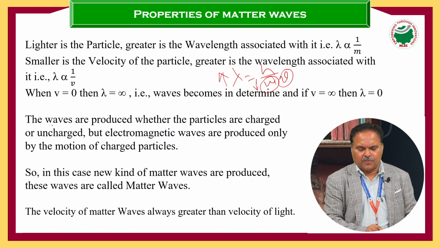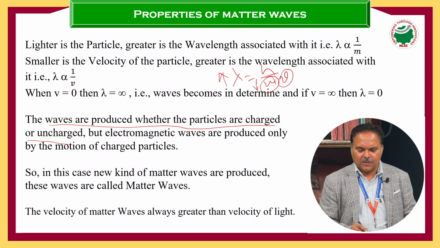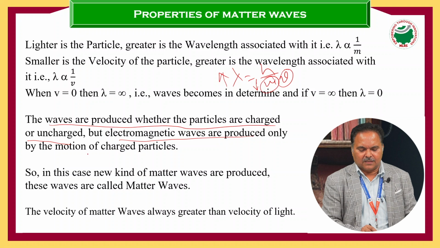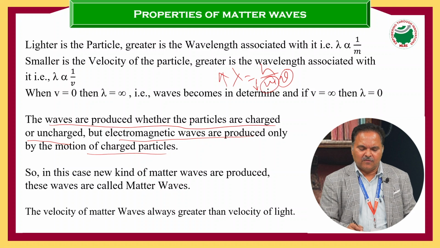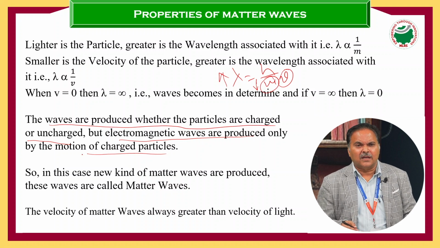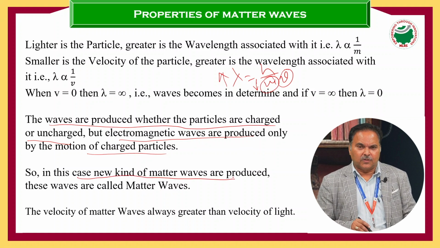Whereas electromagnetic waves require the movement of charged particles, matter waves may not require any charge. Without charge also, the wave nature will be produced. That's why these new matter waves are produced.